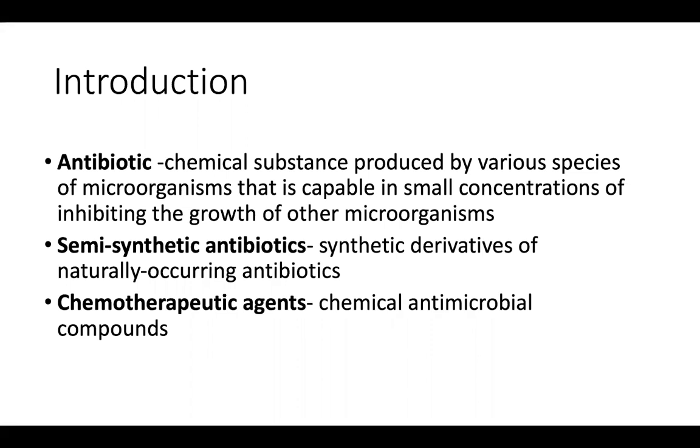From the point of view of bacteriology, an antibiotic is a chemical substance which is produced by various species of microorganisms. So it's a natural product. Important to remember that it is capable, in small concentrations, of inhibiting the growth of other microorganisms. So scientifically, when we talk about antibiotics, we are very specific to that chemical substance which is naturally produced by some microorganisms.